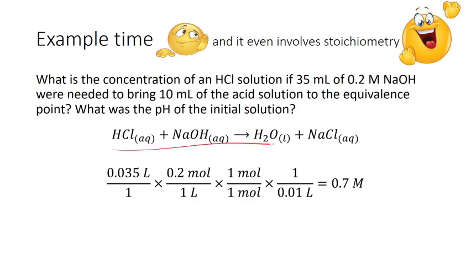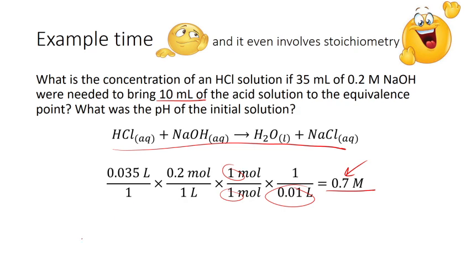When we look at our balanced equation, we see that our mole ratio is 1:1, and that we had 10 milliliters of our initial solution, right? So 0.01 liters, which means that the concentration of our solution to begin with was 0.7 molar.